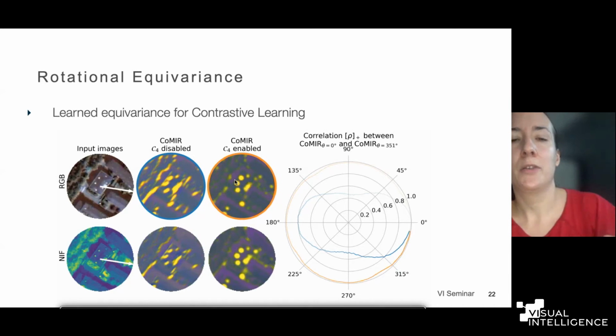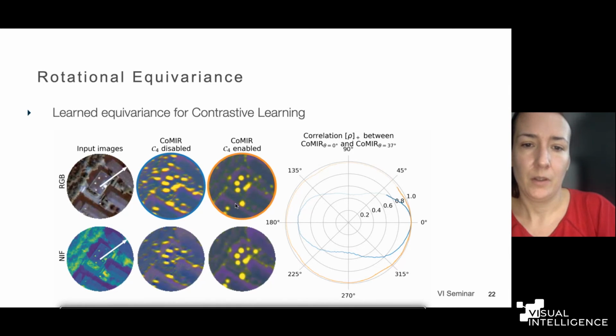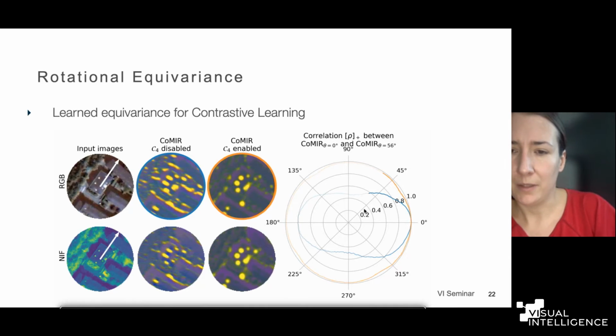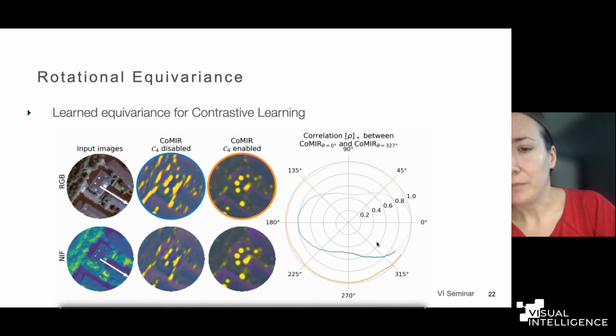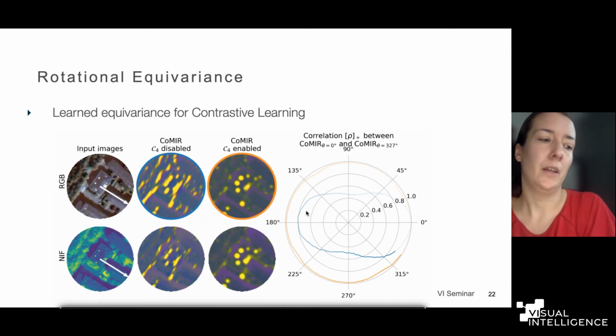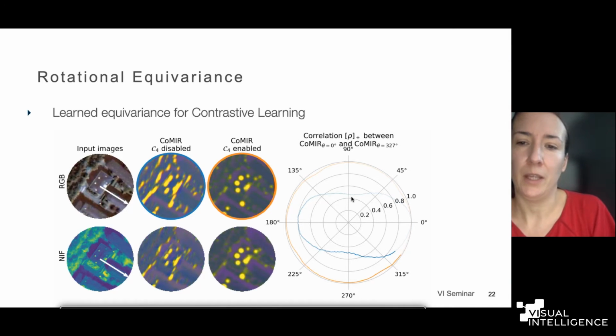So when we have this loss that commutes with the rotation, we get these images here. So they're quite similar throughout the rotations. And something is not working quite well with the video, unfortunately. But if we don't have this equivariant constraint, we get this blue line here, which shows the correlation between the two Comirs when one of the input images is rotated.